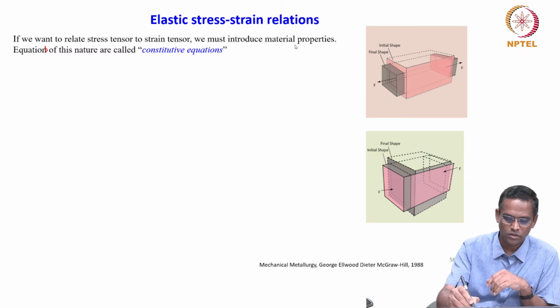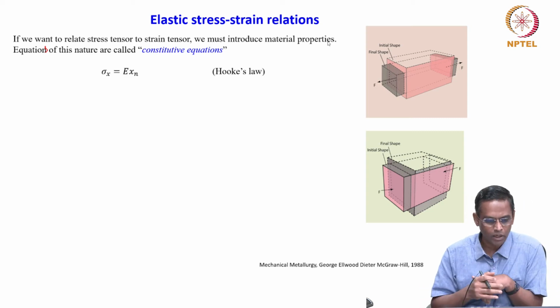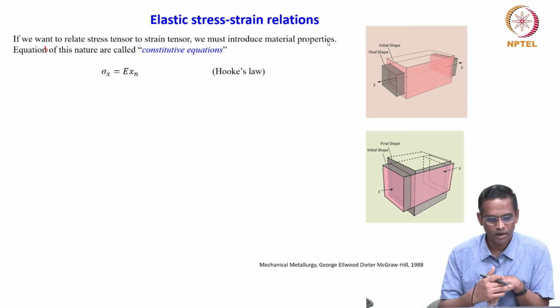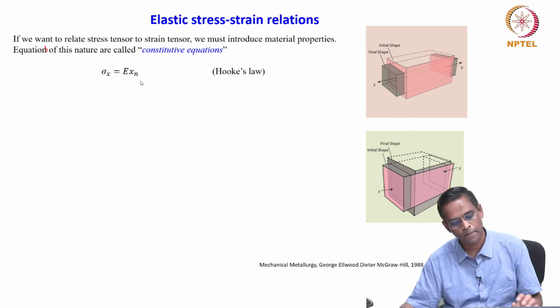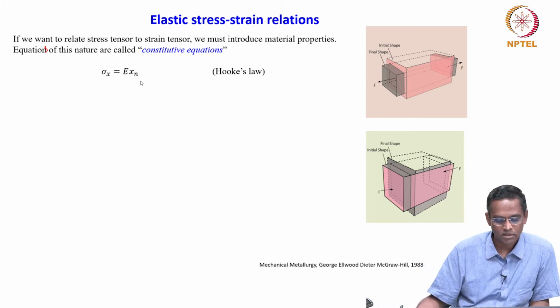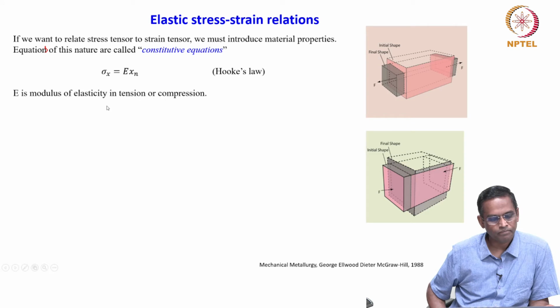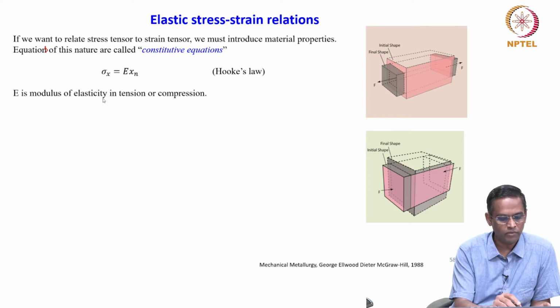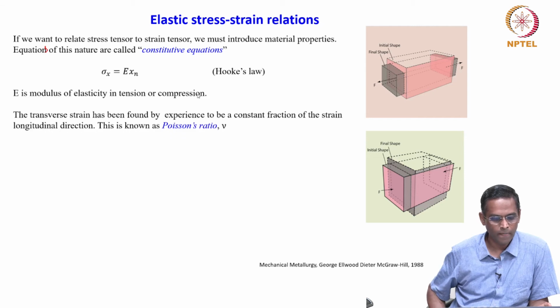What is the constitutive equation we are familiar with? This is well known, Hooke's law: sigma x is equal to E times epsilon x. This is a linear elastic deformation. E is the material property, which is the modulus of elasticity in tension or compression in a linear fashion.